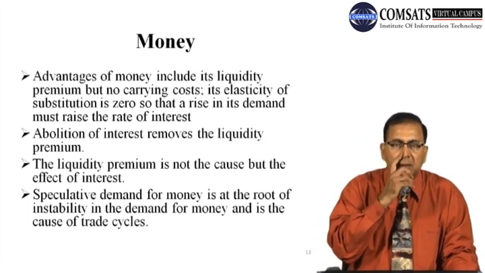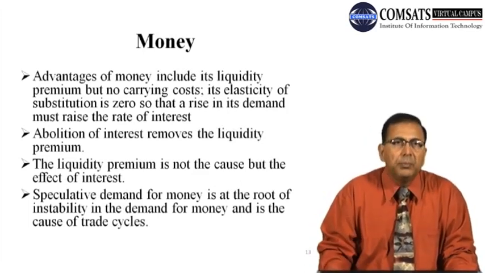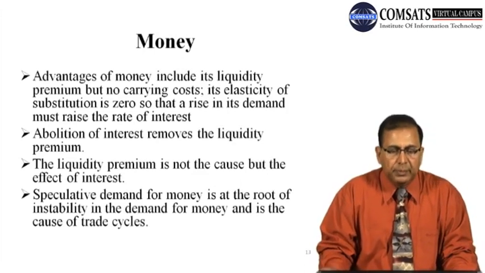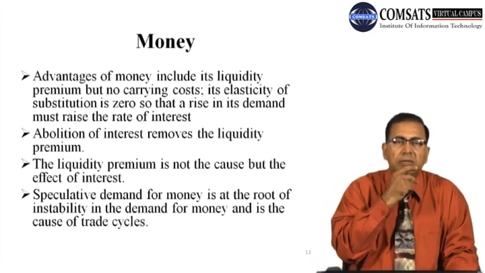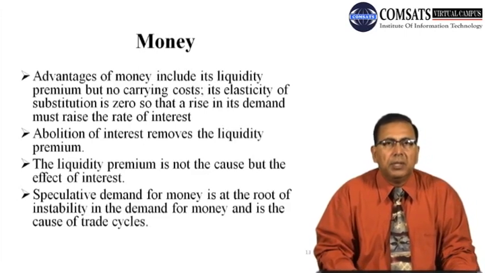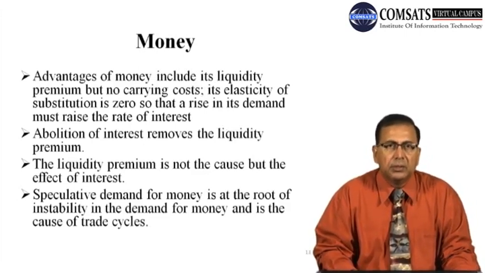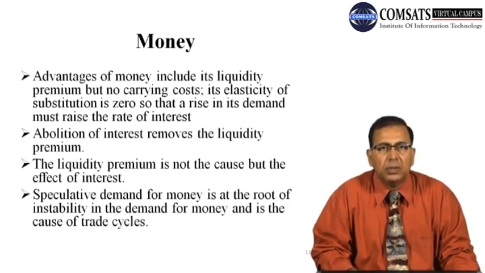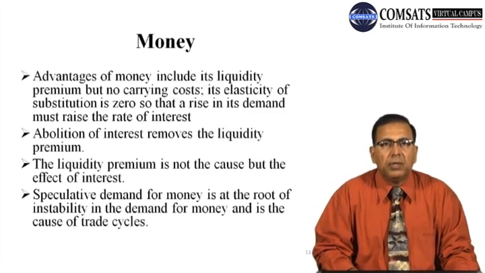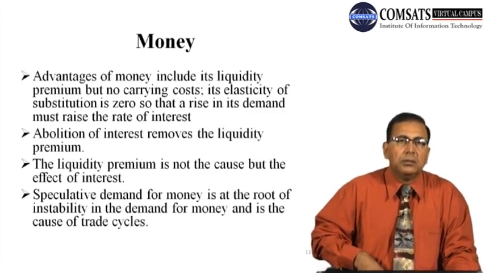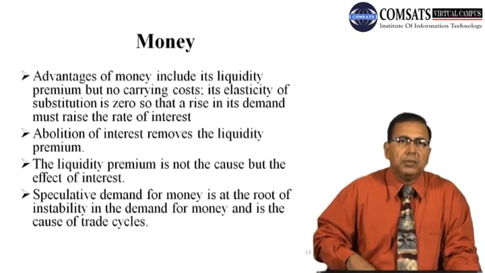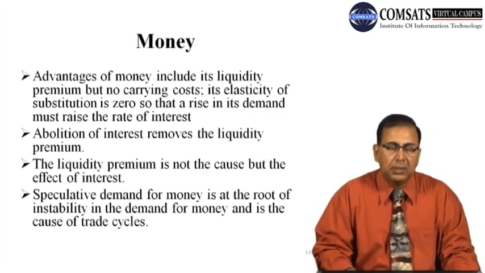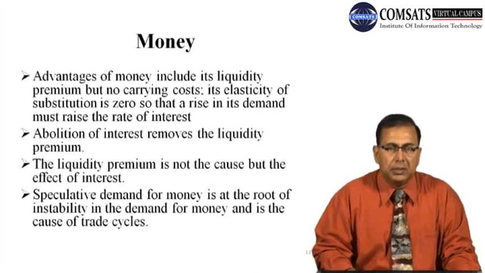Now, basically, the liquidity preference theory or the speculative demand for money was the explanation given by the economists for the Great Depression, when money could not play its role in the revival of the economy. So whatever money was supplied, it was held by the people, and people did not reinvest.